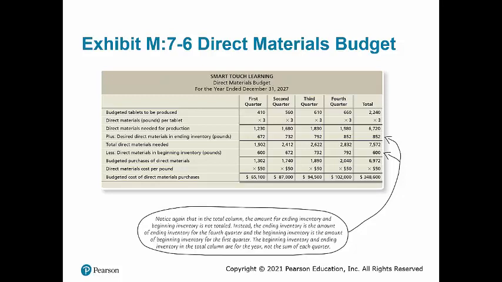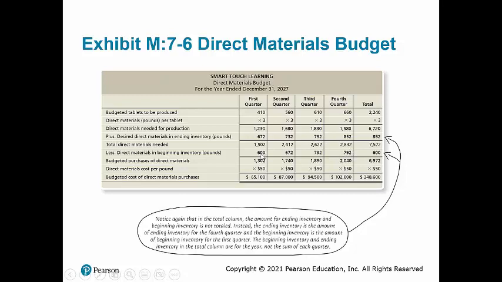But after the first quarter, we take the ending inventory for the previous quarter. So for the second quarter, the beginning inventory would be 672 pounds, which we would get right here from the first quarter. For the third quarter, we would take the ending inventory for the second quarter, 732 pounds, and for the fourth quarter, we would take the ending inventory for the third quarter, 792 pounds.